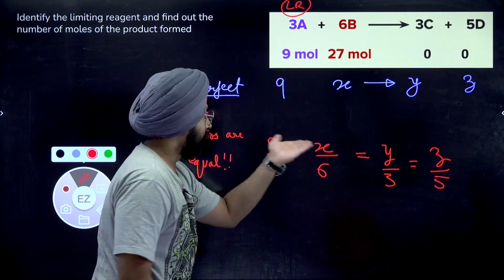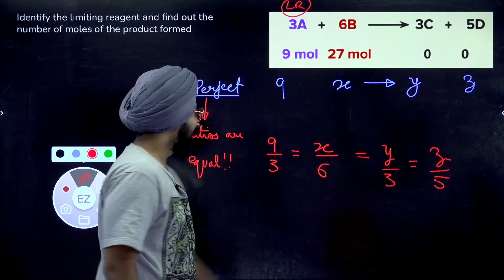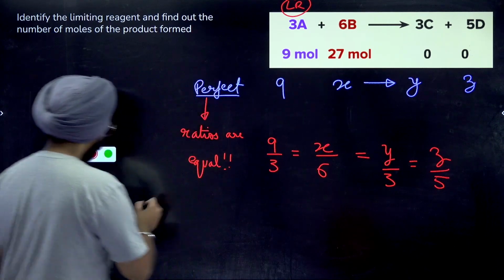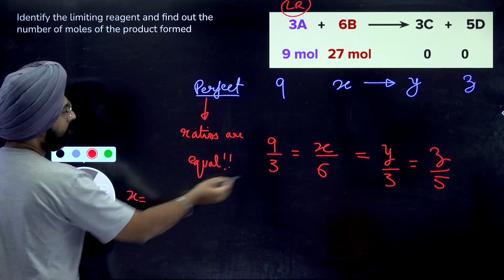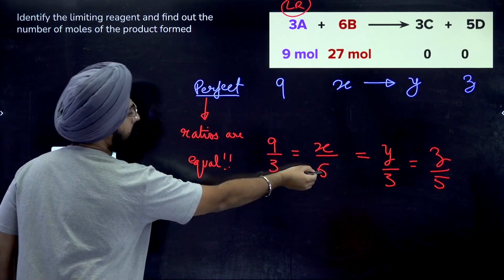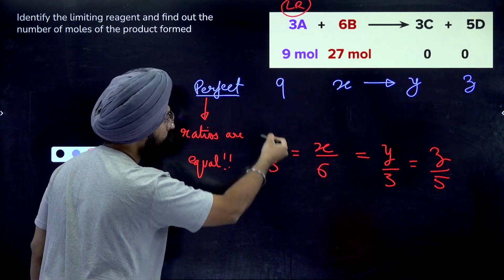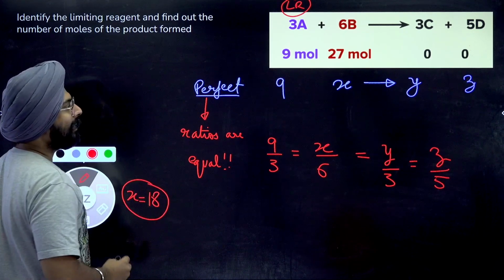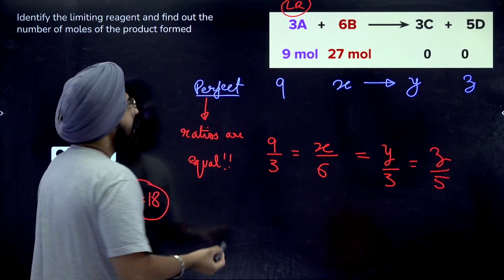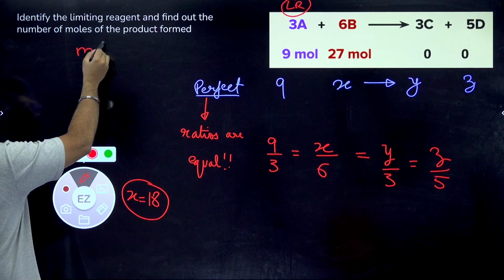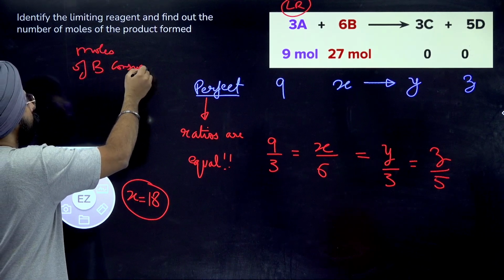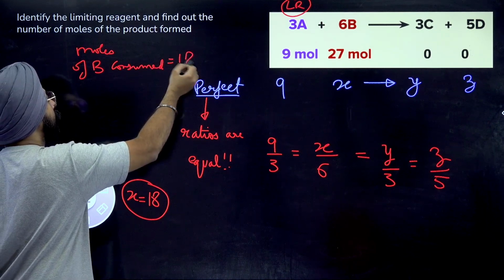From here, I can calculate X, Y, Z. From this part, X is equal to 3 cut 6, 2, 2 into 9 is 18, so X is equal to 18. So basically, my dear friends, it means that moles of B consumed is equal to 18.